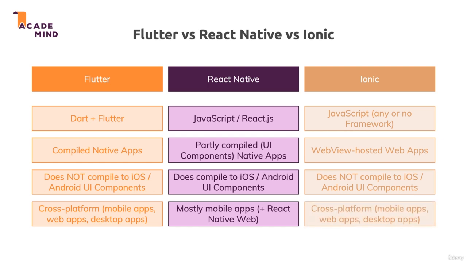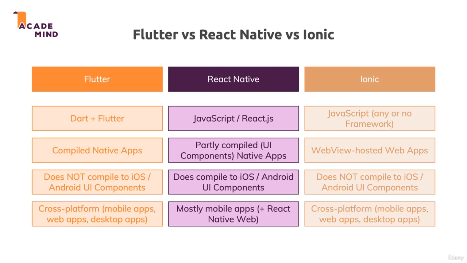For Ionic, since you build a web app that's wrapped by a native app, you by default have a web app as well, right? So you also have full cross-platform support. You can get a mobile app with this wrapped approach. You have a web app anyways, and you can also build a desktop app by wrapping it around this web app, so to say, with a tool named Electron.